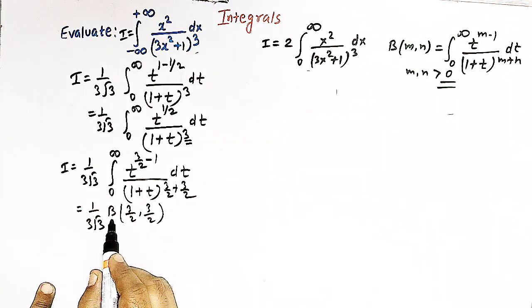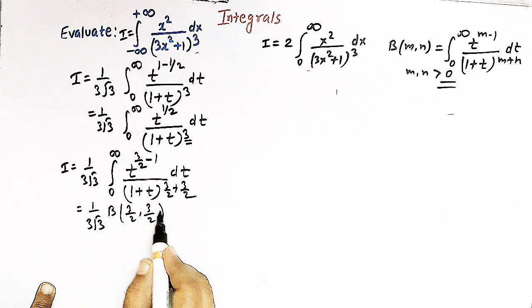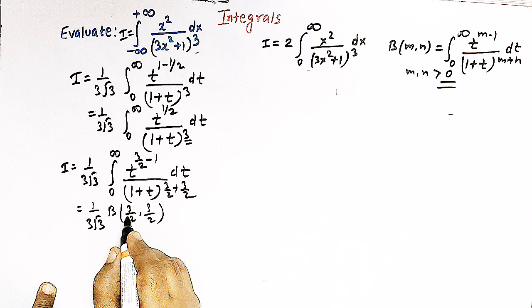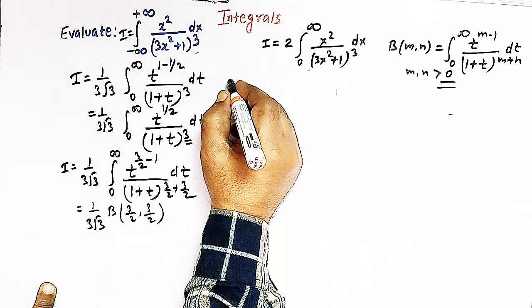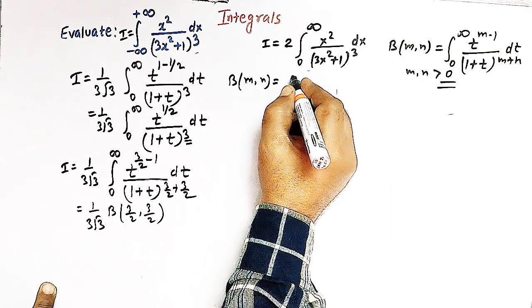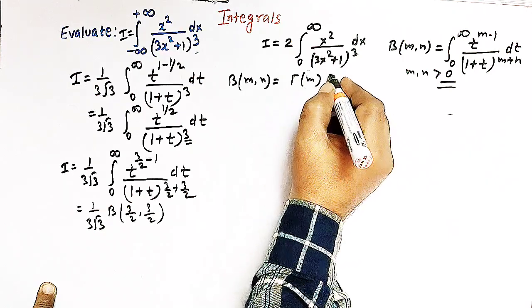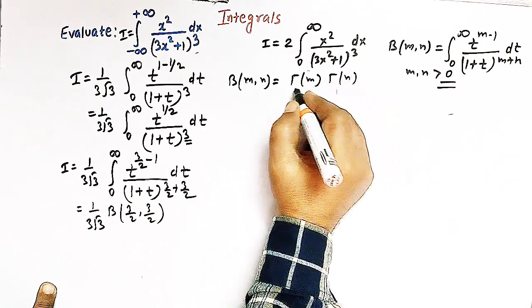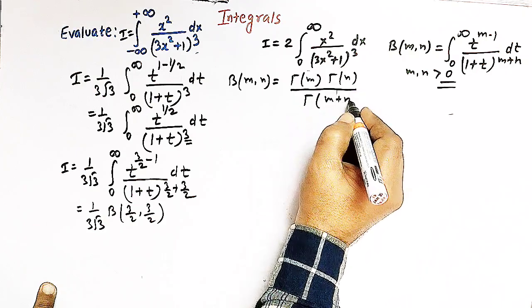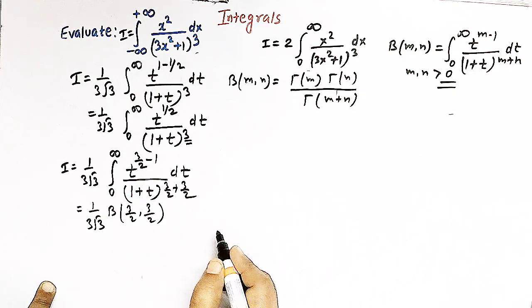Now let us find out the value of this expression. So for finding out the value of this beta function, we'll use this result, that is beta m comma n is given by gamma m multiplied with gamma n divided by gamma of the sum m plus n, that is gamma m plus n, right?